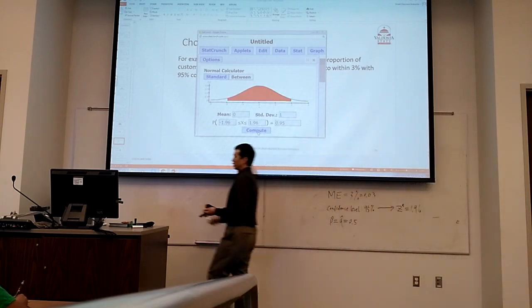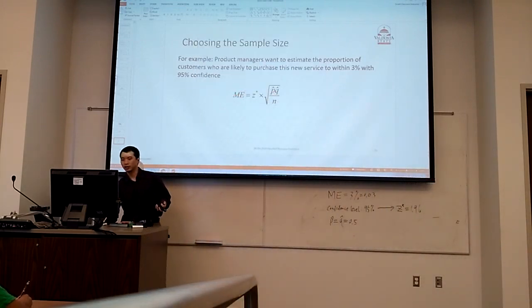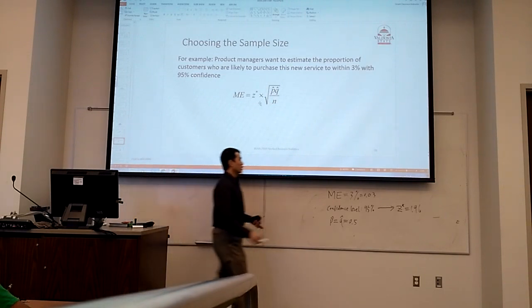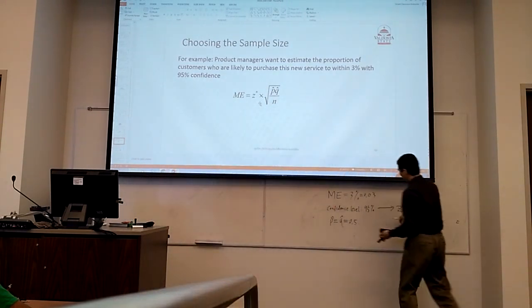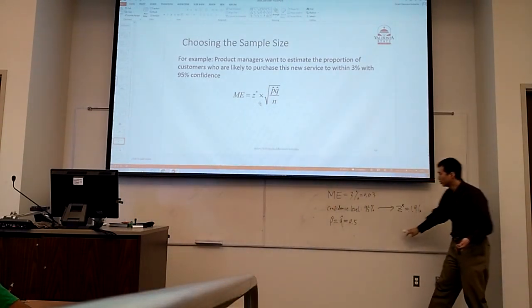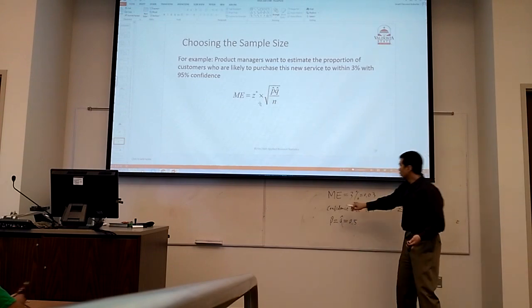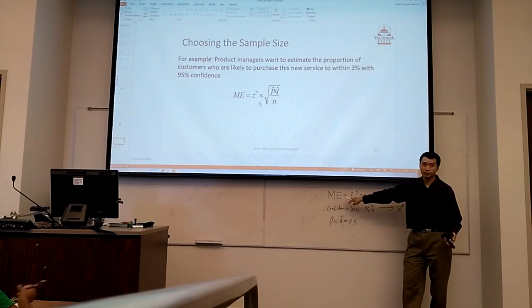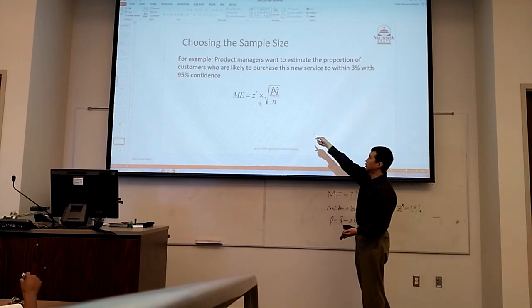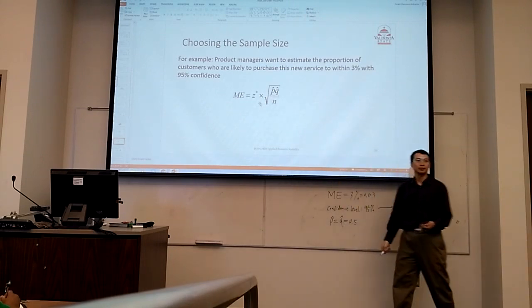Now if we go back to this formula, we have the Z star, we just found the critical value. We know p hat and q hat, and we know the margin of error. The only unknown here is the sample size n.